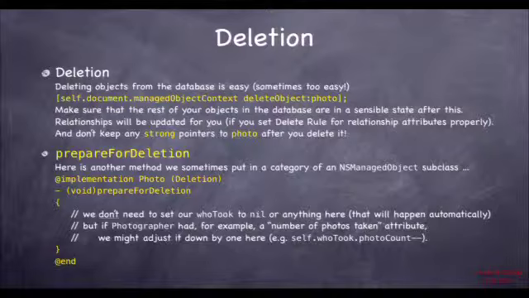One other thing to be careful of when you delete an object, generally don't want to keep a strong pointer to that object anymore, because it'll be deleted from the database. It'll still be there, you'll have a pointer to it, but it'll be in a deleted state. It won't fault data in. If you ask attributes on it, you're not going to get data, things like that. So generally, you want to not have any strong pointers to things you deleted.